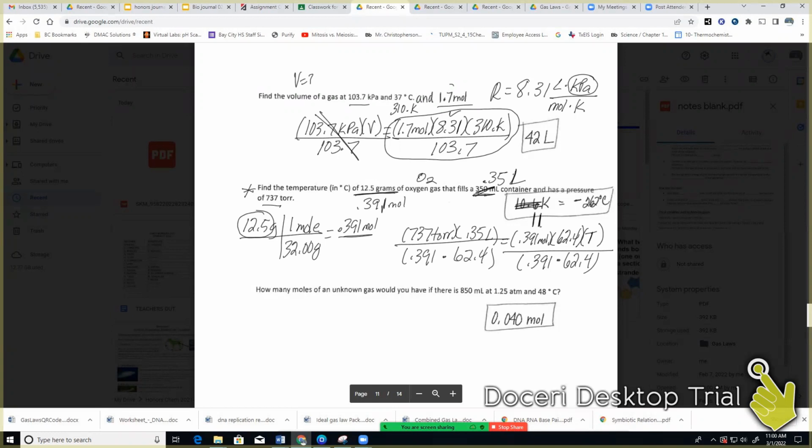And now at this one, it has to go down to 3 sig figs because of my 0.35. So when you did that, you would have gotten 11 K. And then to get it in Celsius, you would subtract 273. And that's why you end up with negative 262 degrees Celsius.